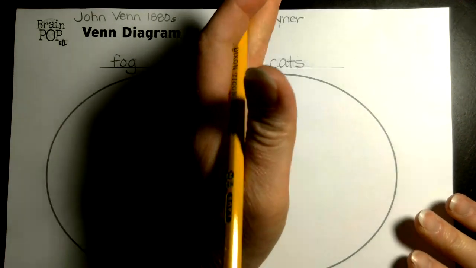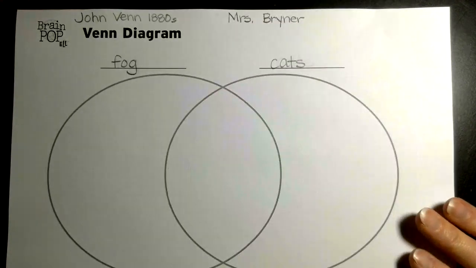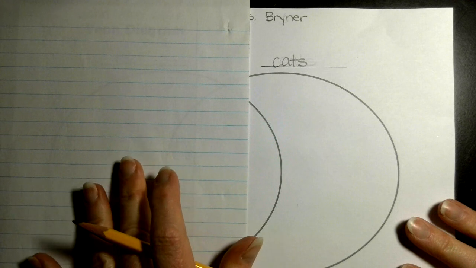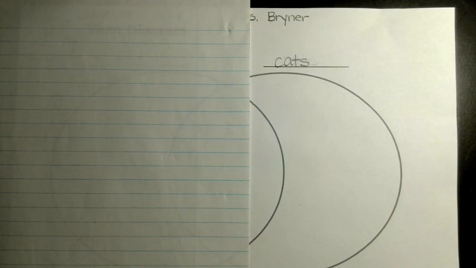Now we're just going to focus on cats for a minute. We'll start with cats. So I'm just going to cover this up so we're not even worried about fog right now. After watching the video, or if you have a cat at home and you've been around cats, what are some things that describe cats? What are some words that tell about cats?